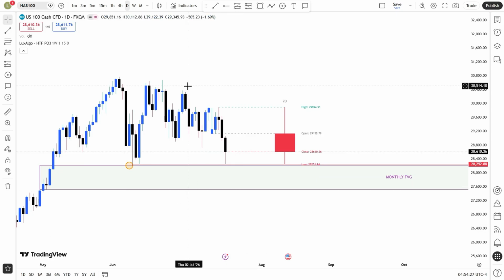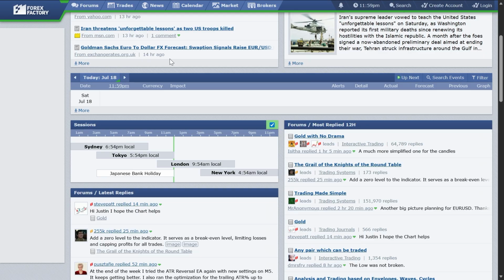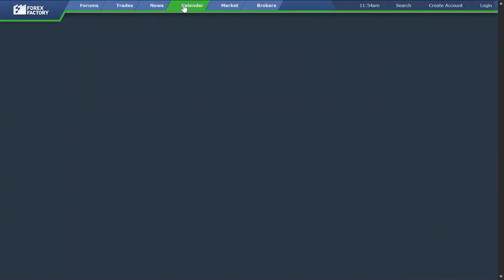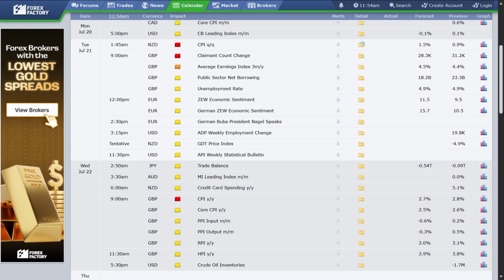Let's look at the economic calendar for this week. On Monday, tomorrow, we have the CPI index news, which I don't think will be very paramount. I like the red folders.